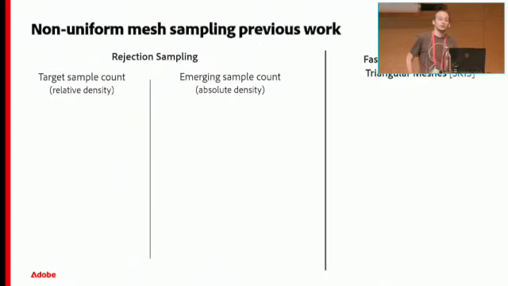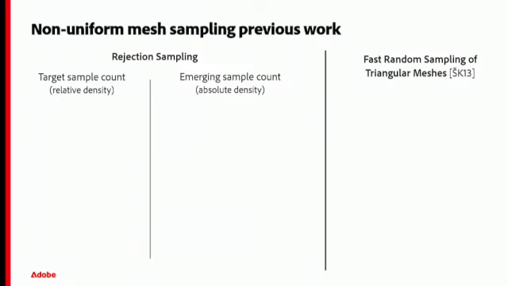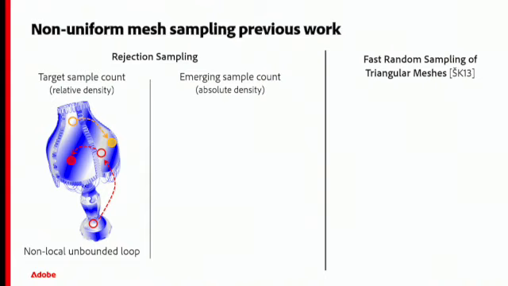We only found one previous work on this specific setup, which is fast random sampling on triangle meshes by Sik and Krivanek. All of these methods work differently, so let's iterate through them.